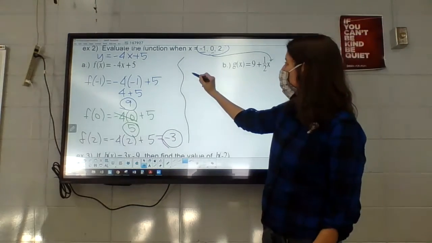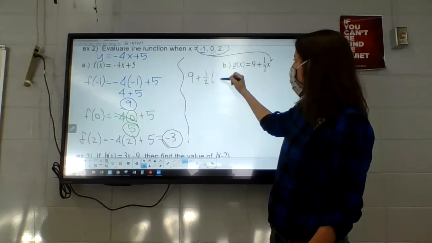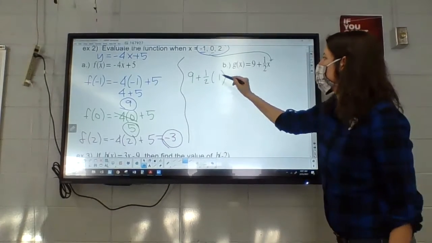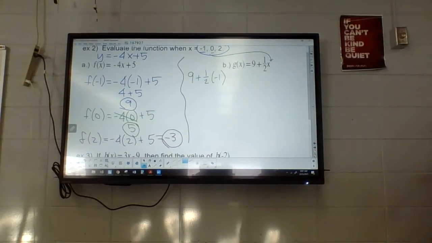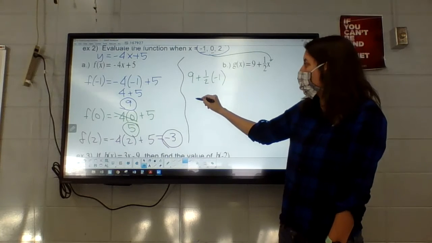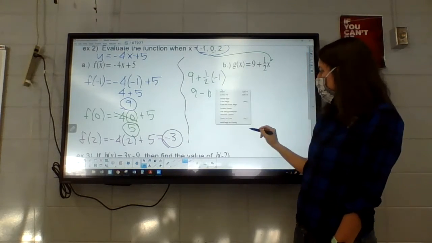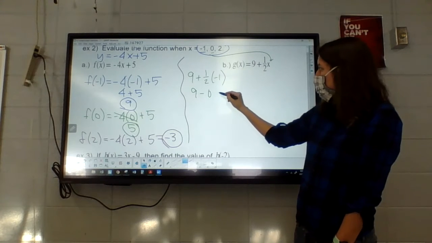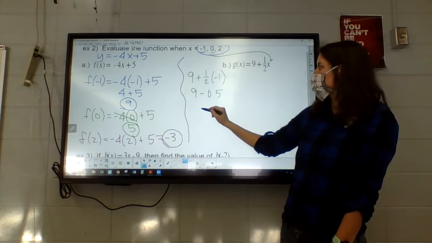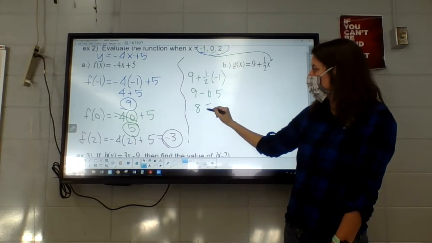When x is -1, it's 9 plus 1/2 times -1. 1/2 times -1 is -1/2. So this would be 9 minus 1/2, or 9 minus 0.5 if you'd rather just use decimals. So this would end up being 8.5.